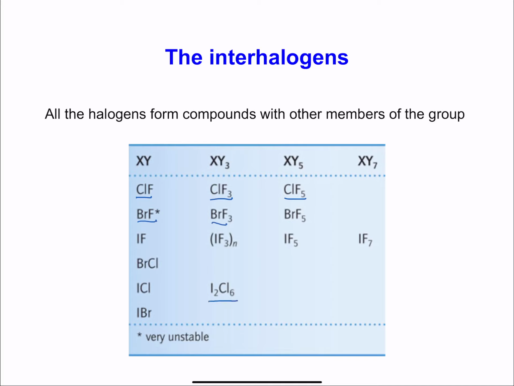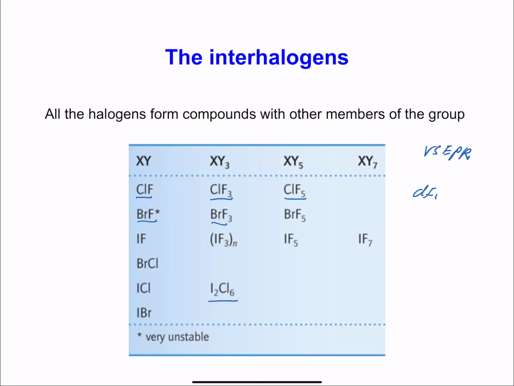We have chlorine monofluoride, chlorine trifluoride, chlorine pentafluoride. And for bromine, we have bromine monofluoride, bromine trifluoride, and also, even though this is a dimer, I2Cl6. I hope you can draw the structure of this one.